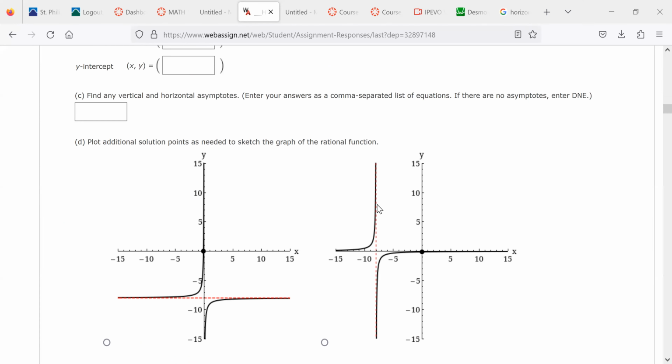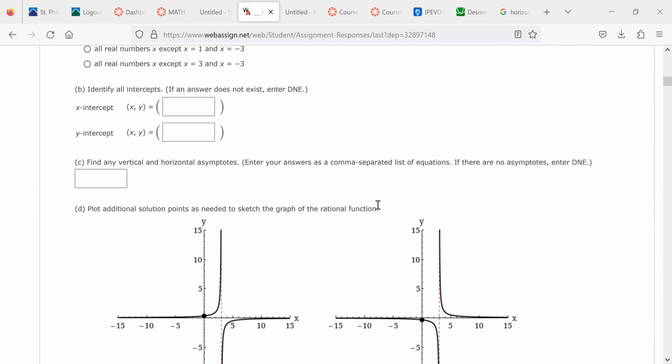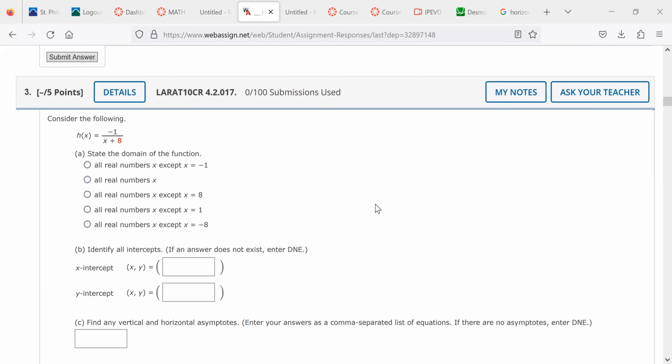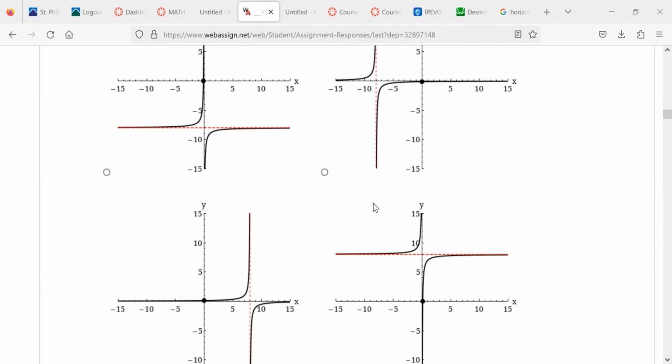Three would be the exact same thing, except they want you to match a graph. So I guess they did here too, but once you have the asymptotes, you can kind of rule things out in an intercept.